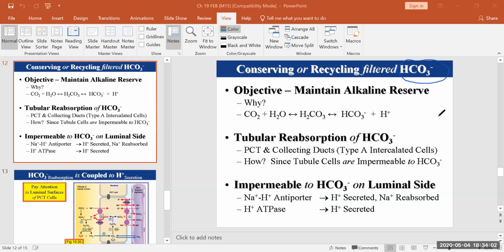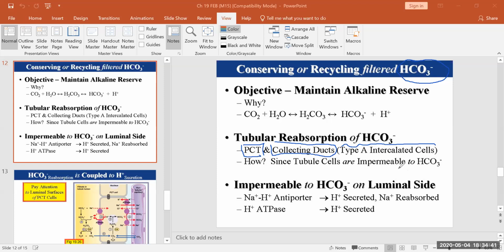So this bicarbonate was filtered from the glomerulus and finds itself in the renal filtrate, and that needs to be reclaimed because that's a desired chemical. So to maintain that alkaline reserve, it can be done by the proximal convoluted tubule. It can be done at the collecting duct. And if it's at the collecting duct, then it's the type A intercalated cells of the collecting duct.